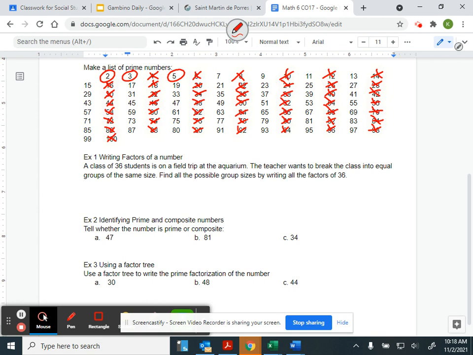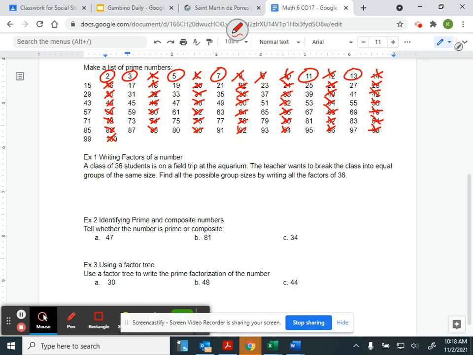7, is it prime? What can you multiply together to get to 7, Nick? Nothing. So it's prime. So 1 times 7 is the only way we can get to 7. What about 9? Can we multiply something together to get to 9 besides 9? Penelope? 3 times 3, so that is not prime. What about 11? 11 is prime. 13 is prime.